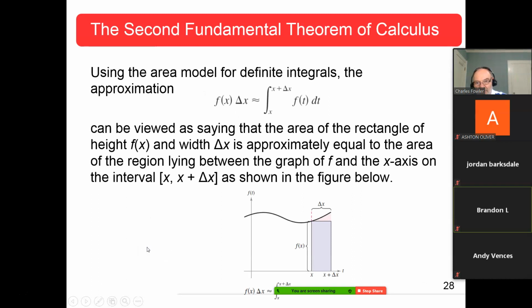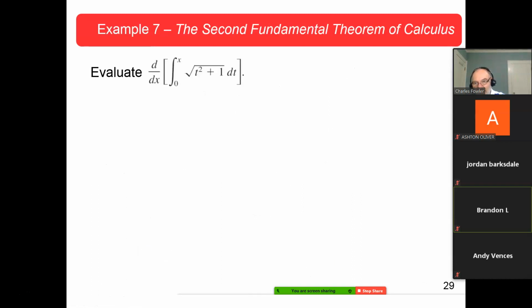Okay? So your first guess might be just put x in here. So it looks like, on first glance, this would be the square root of x squared plus 1.